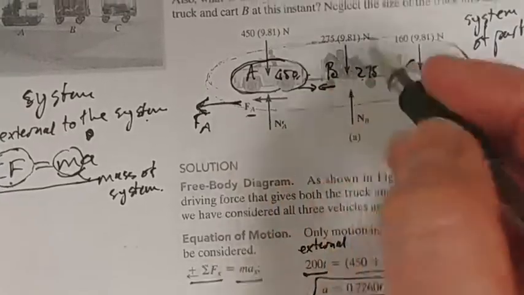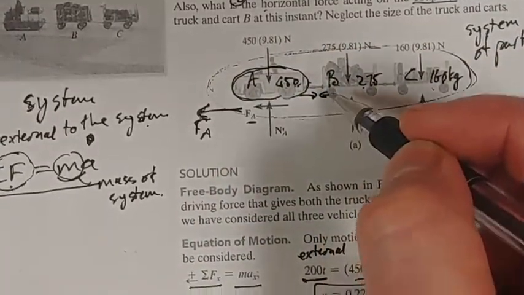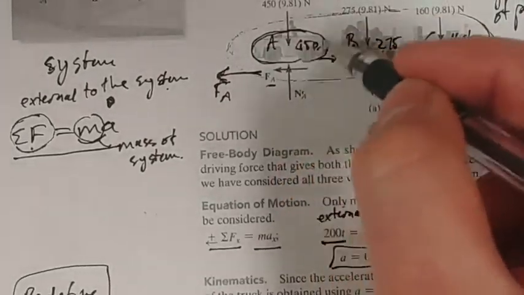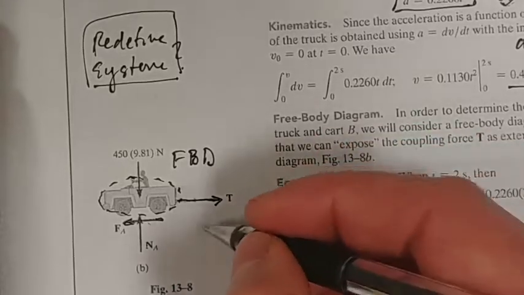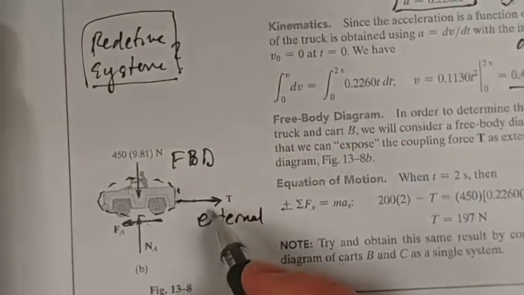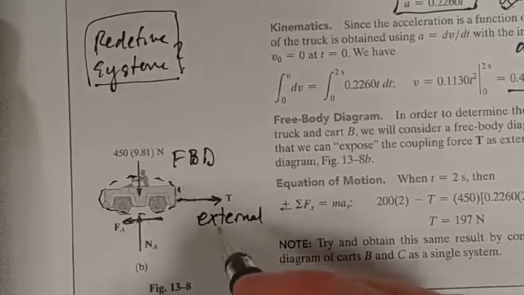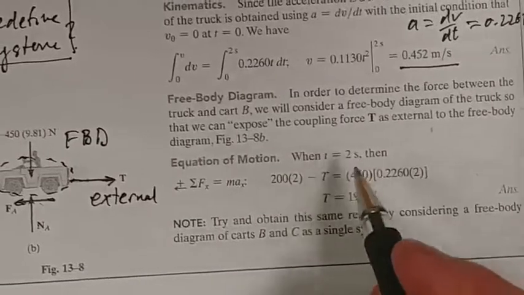These were internal in this system. Now, when I isolate just this one particle, that former internal force becomes external. Okay? It becomes an external force. I hope you pick this up.